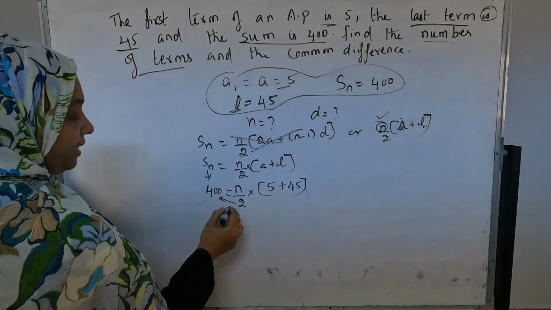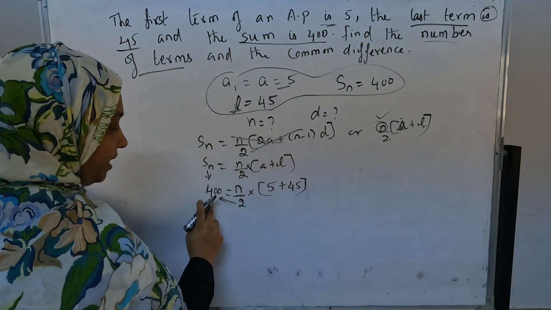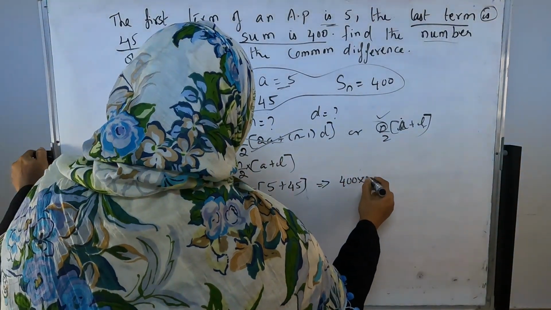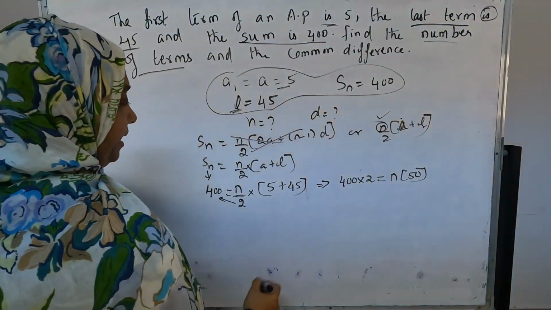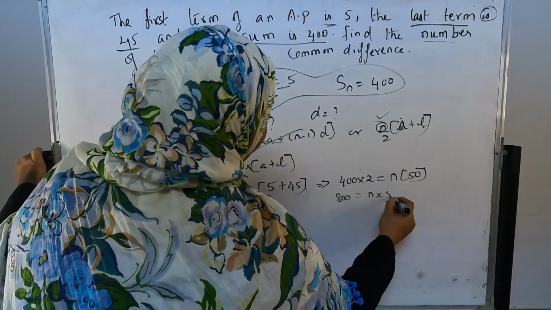Now bring this here. This is division, and coming to this side it becomes multiplication. So 400 into 2 is equal to n into 50. 4 2s are 8, so 800 is n into 50.